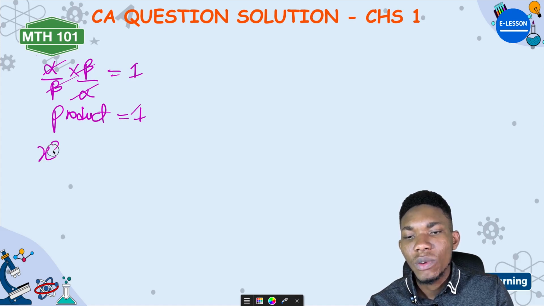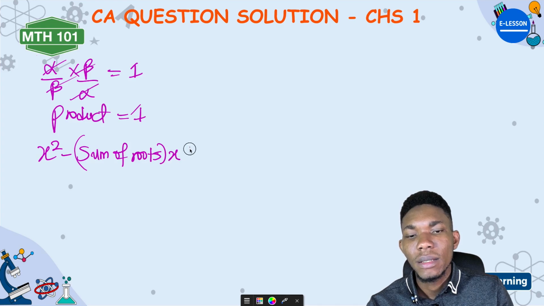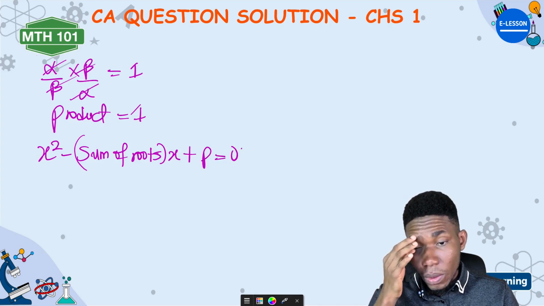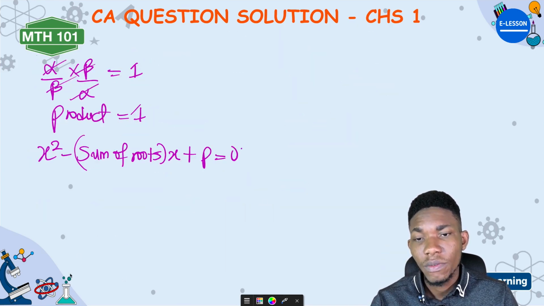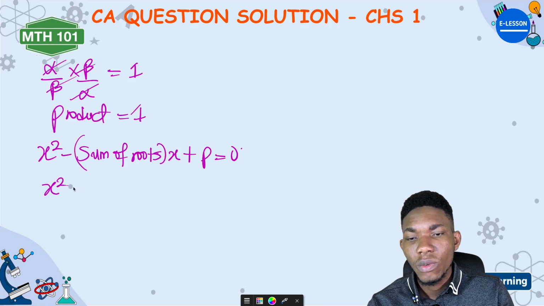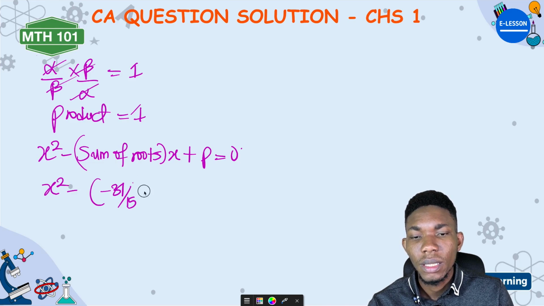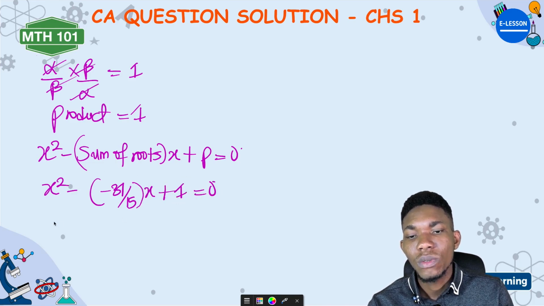What is the formula? The formula says s squared minus the sum of roots, bracket, s plus the product of roots equals 0. What was our sum of roots, my dear student? Minus 31 over 15. So we have s squared minus bracket minus 31 over 15 bracket s plus 1 is equal to 0.